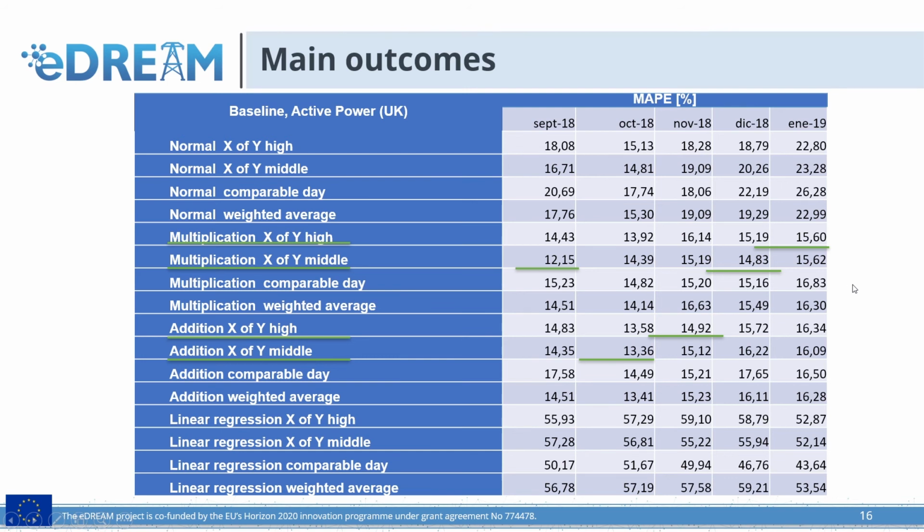We can see here in September, for example, an error of 12%, and here for October an error of 6%. So if we select one of these methodologies, we can say that the error will be lower than with other methodologies.